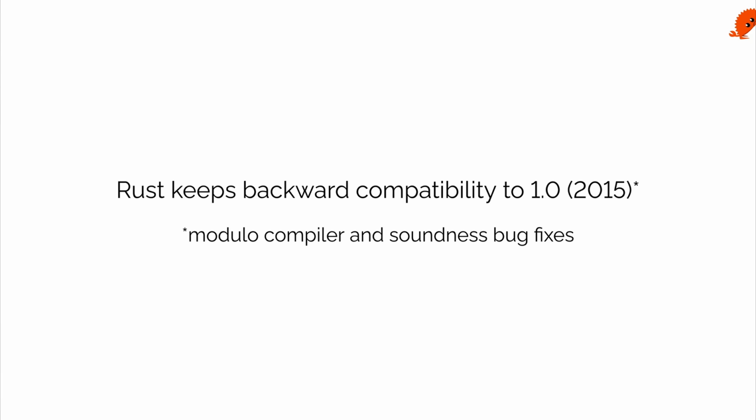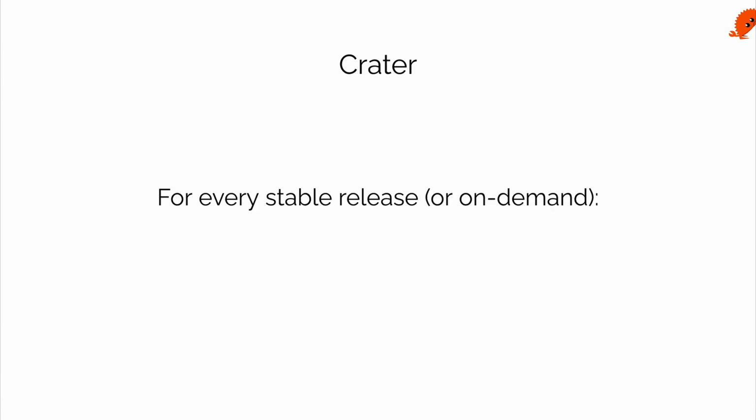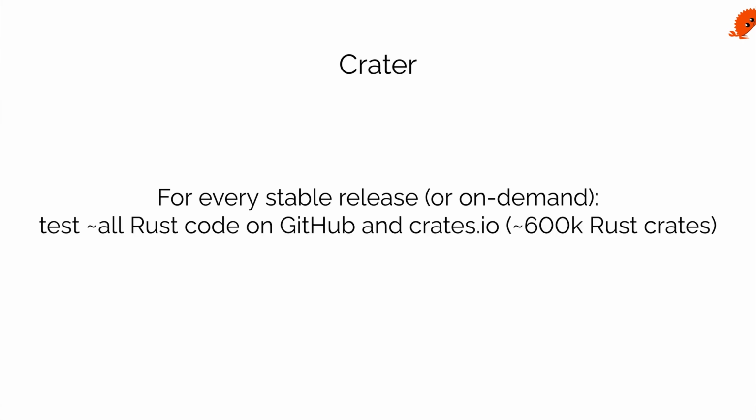And how can we be sure that we are backwards compatible? Well, we test it. We have a tool called Crater, and essentially, for every stable release, or when we want it, we will test essentially all the open source Rust code that we find online on GitHub or Crates.io, which is our package manager. And we will test, like, did it compile with the previous version? It has to compile with the new version too, right?